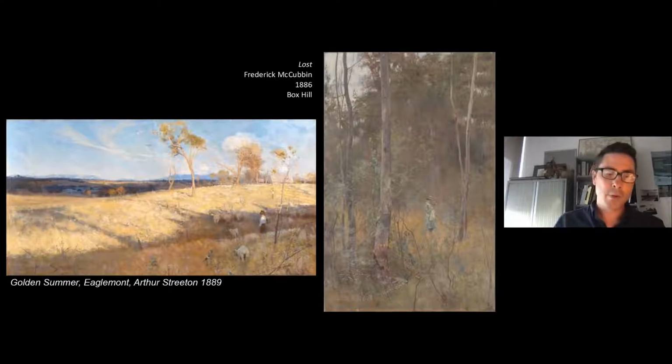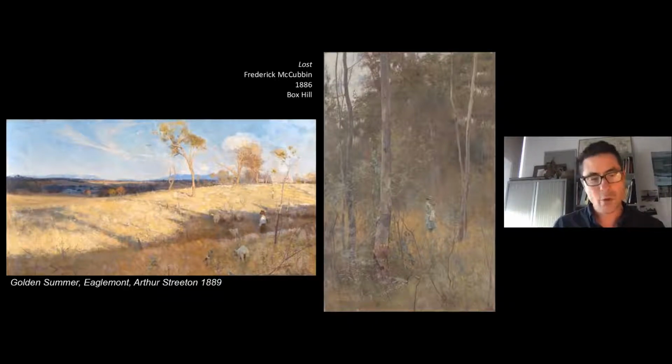I'm not going to do it here on this screen, but if you zoom in to have a look at some of the detail here, what I noticed is you can see in the painterly strokes that Streeton has a lot of the small grasses and flowers, a lot of similar species, you can't be sure if they're the same ones, but you can see them in these paintings.